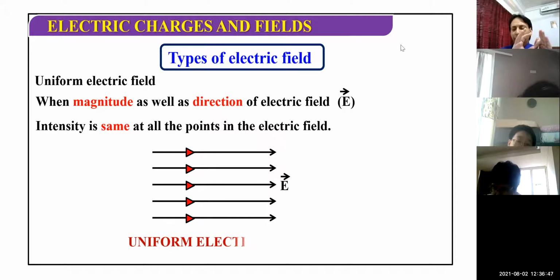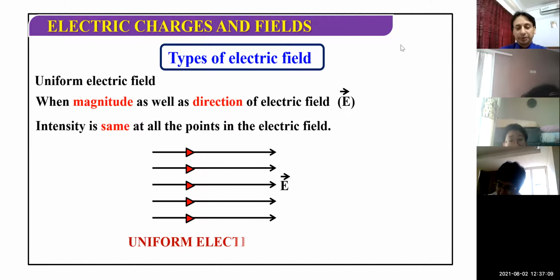The electric field lines should be equally spaced and parallel to each other. That field is called a uniform electric field. In definition, the magnitude as well as direction of electric field intensity is the same at all points in the electric field.